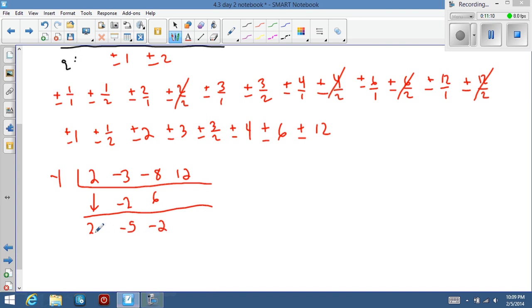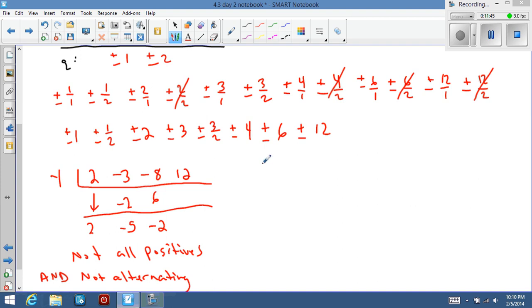Well, I could already see that these are not all positive, and I'm not alternating anymore because I got 2 negatives in a row. So I could stop right here, because they're not all positives and these are not alternating. So let's try something else.